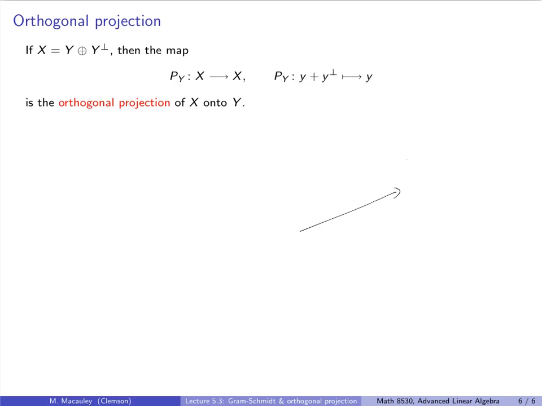We have talked about what it is to take x1 and project x2 onto that, but now Y is a generic subspace, and it has an orthogonal complement, and we'll define the map P_Y to be the orthogonal projection of x onto Y, and we'll define that by taking an arbitrary vector x, writing it uniquely as a sum of something in Y and something in Y perp, and then just truncating the Y perp. That's the orthogonal projection.